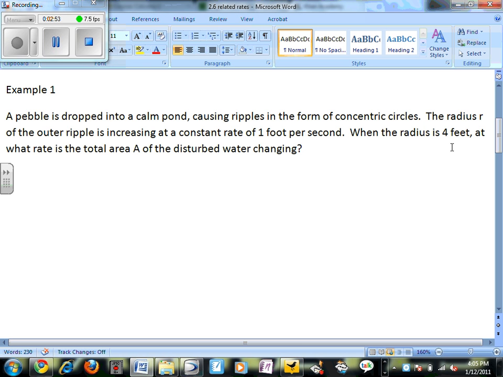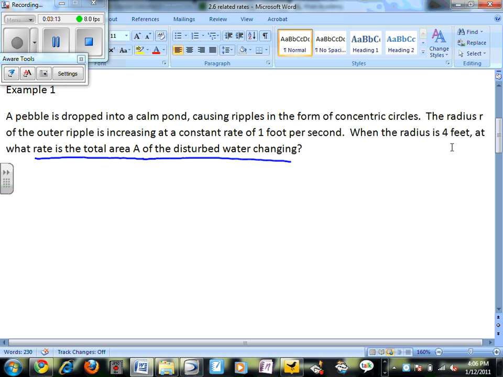We have to decipher a little bit about what we're finding. The question is we're looking for the rate of the total area of the circles, the ripples. We learned that when we take the derivative, we're finding the instantaneous rate of change.